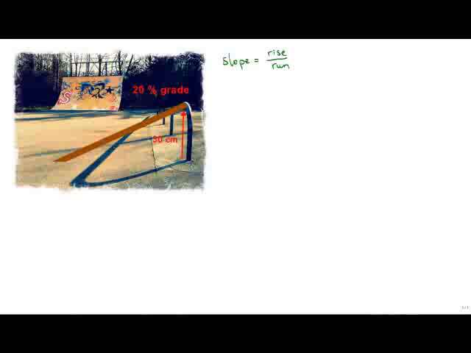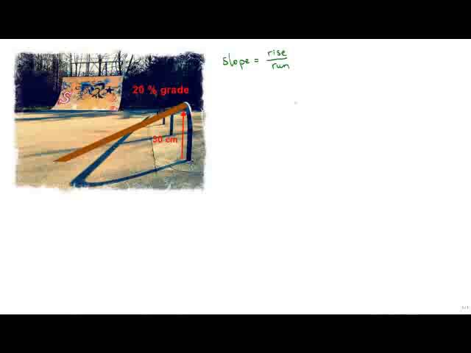So what we want to do is first of all take this slope, which has been written as a percentage grade, and convert that into a fraction or a ratio number. So to quickly review, we know that slope equals rise over run.